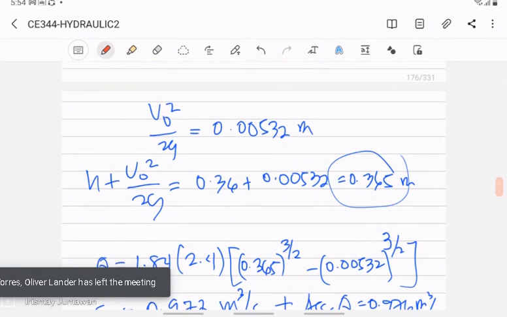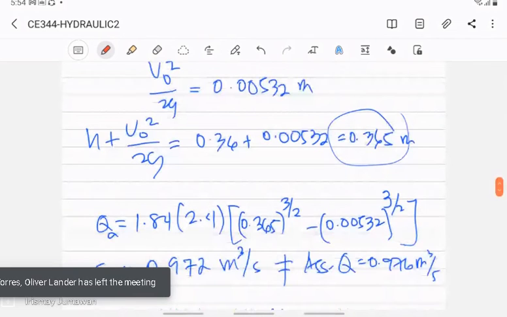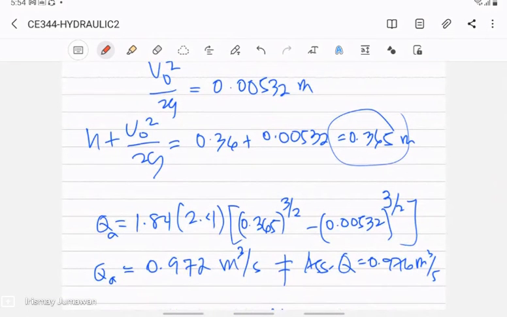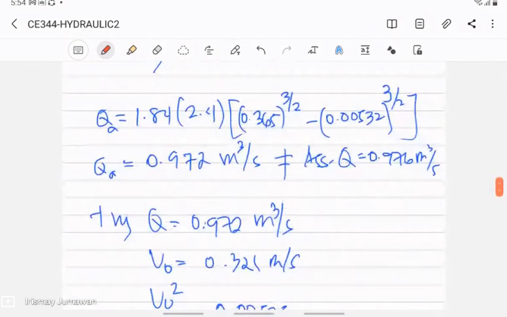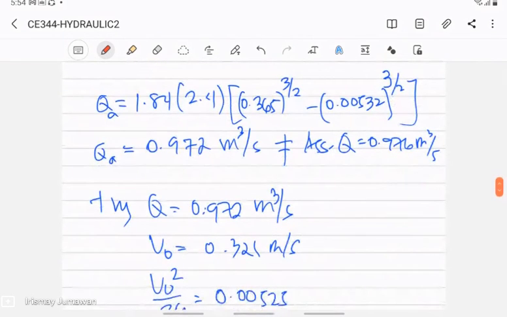So you have to substitute it to the formula, and you have now the value of 0.972, but that is not equal to the value, which is 0.976. Again, we'll try 0.972 cubic meter per second. So we solve again.